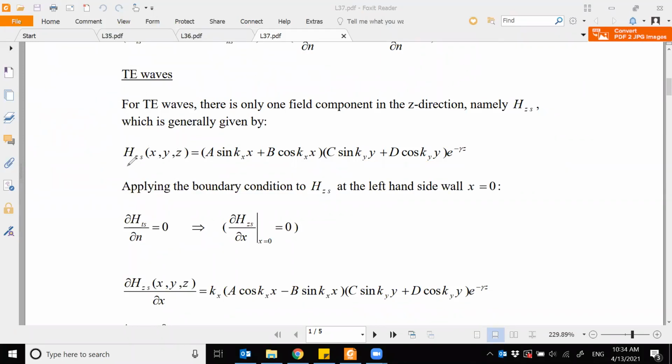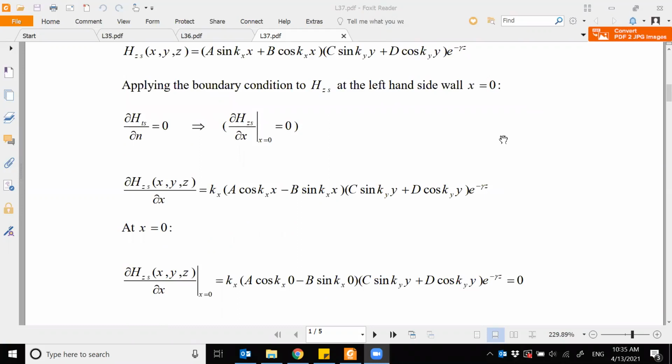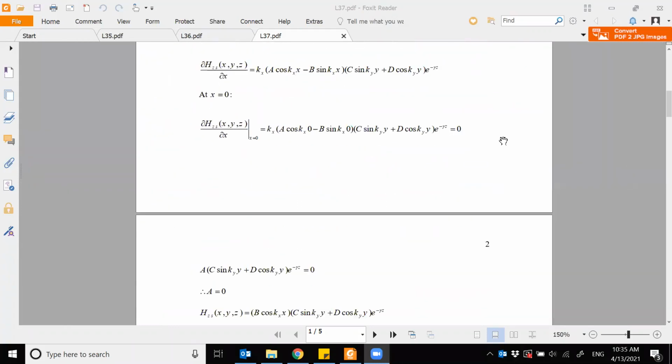So let's start. Let us assume this is my HZS, the general solution which we found. Now our objective is to find the constants A, B, C, and D, so let's apply the boundary conditions. Let me make this a little bit smaller.